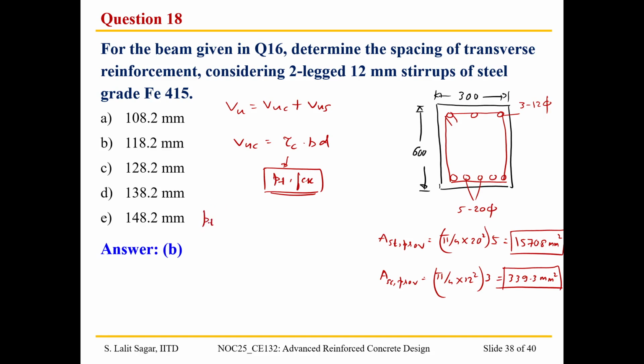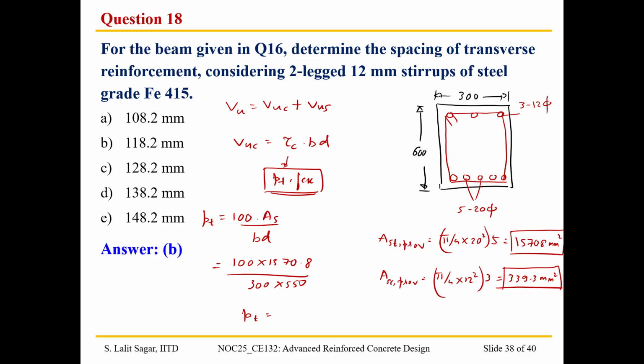Here PT is the area of steel in the tension region, that is 100 AS by BD. 100 into 1570.8 divided by 300 divided by 550. So PT is how much? 0.952.